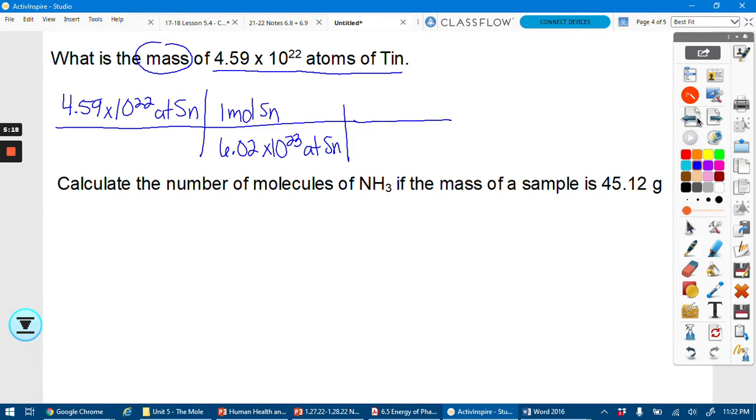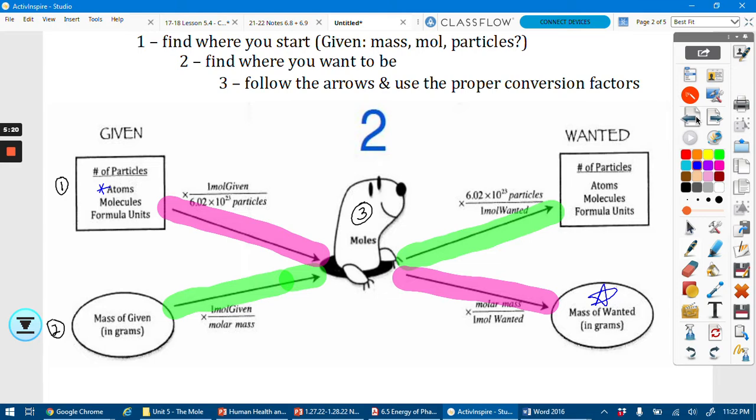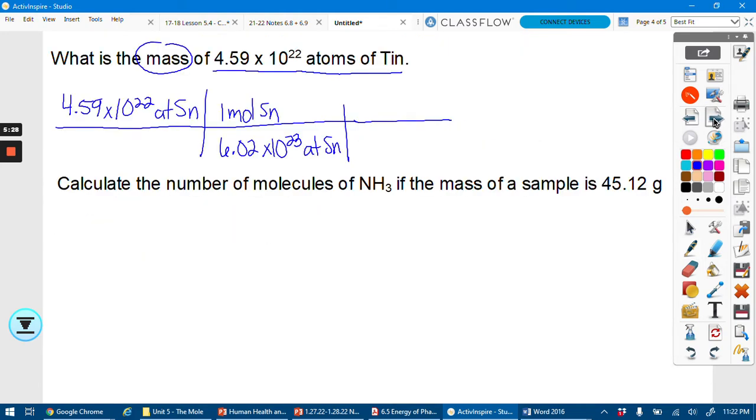Then going from moles to mass, we have the molar mass over 1 mole wanted. And for tin, since this is just a single element, we can look at the periodic table for the average atomic mass, and this is our molar mass of tin.